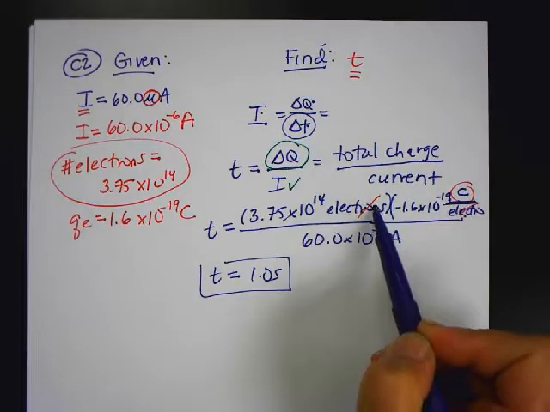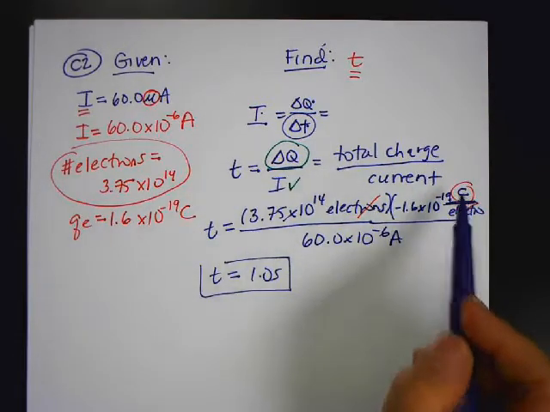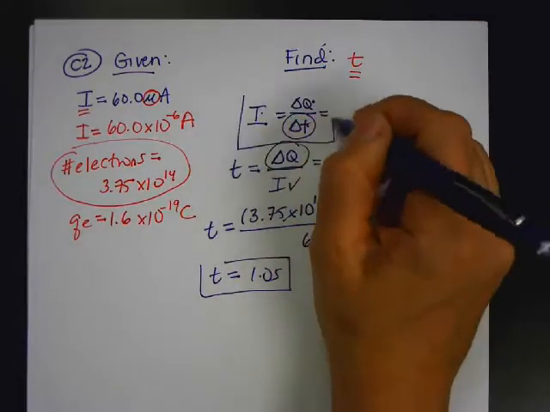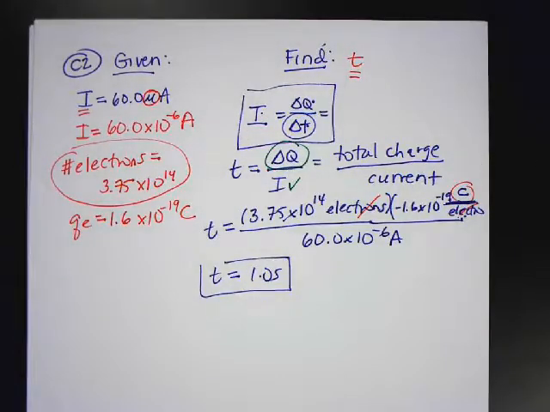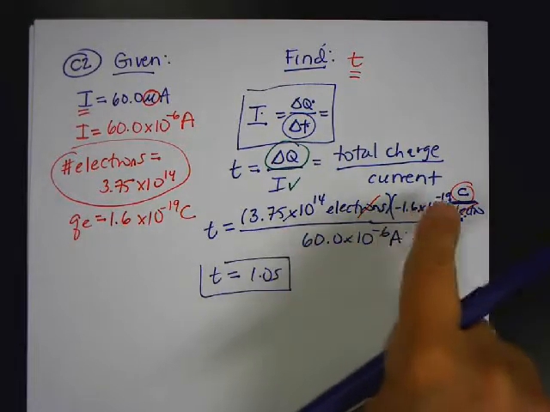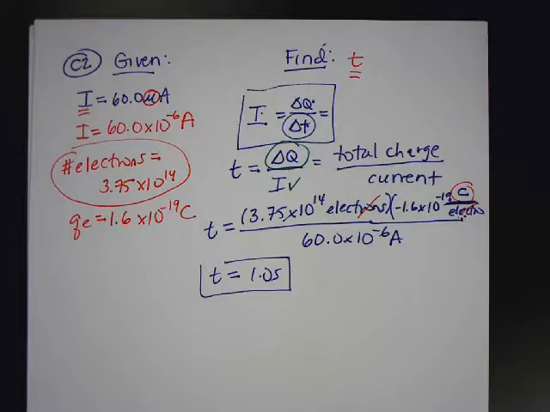Then this electron and this electron cancel, and I get my total charge. That's why I did number 2, because it was a little bit different with that step. All of the problems in practice C use this equation, because in your book, they introduce an equation, and then you practice using that equation. So that's the only thing that made it a little more challenging.